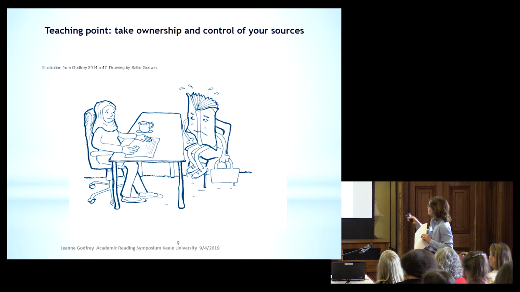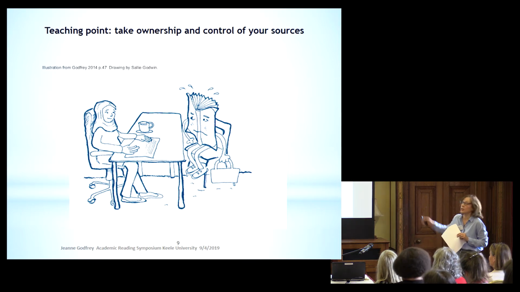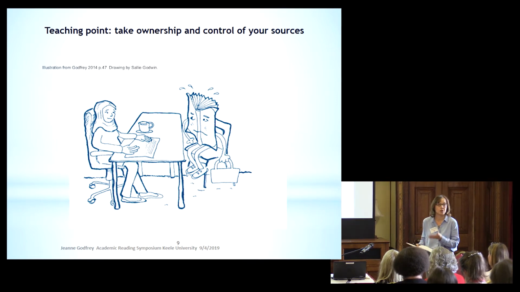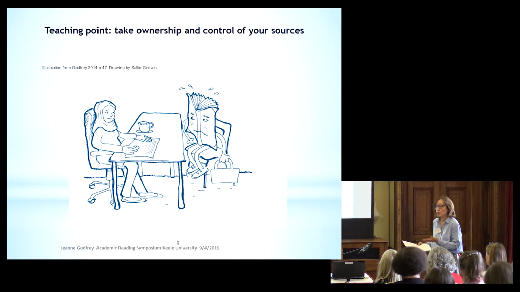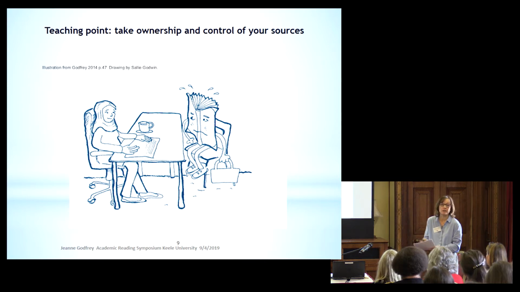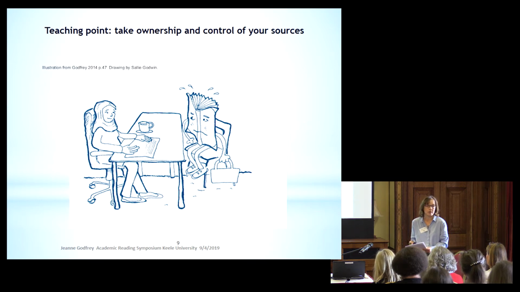So you should be doing more of this, and I talked about giving your sources a job interview. With each source, you read the abstract first and then interview it, like a job. Is it going to do the job you want it to do? What job do you want it to do? That's the first question. What is the job description that you want for that source? Why are you going to read it, in other words?